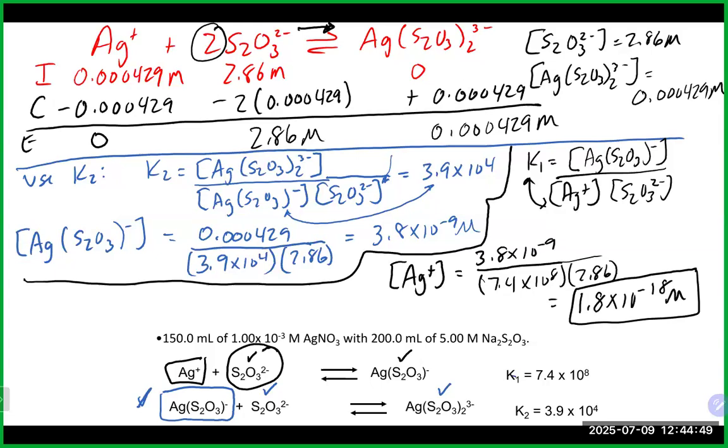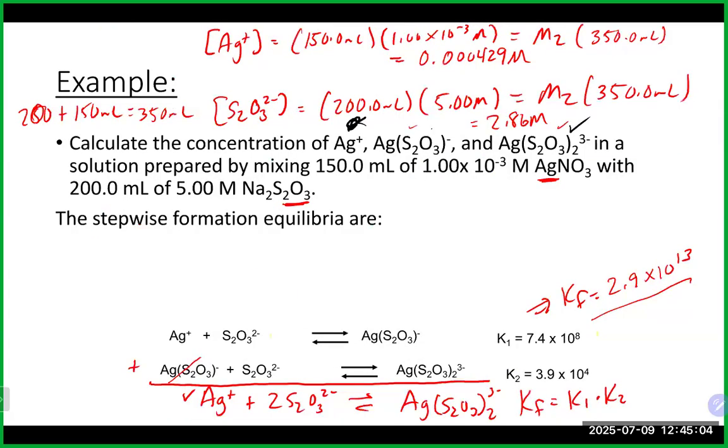Now, if you wanted to, you definitely could have done this problem similar to what we kind of did in a previous problem. And what I mean by that is we can use the overall reaction, and we could use our Kf value here and actually get our silver first. So you could have got the silver first.